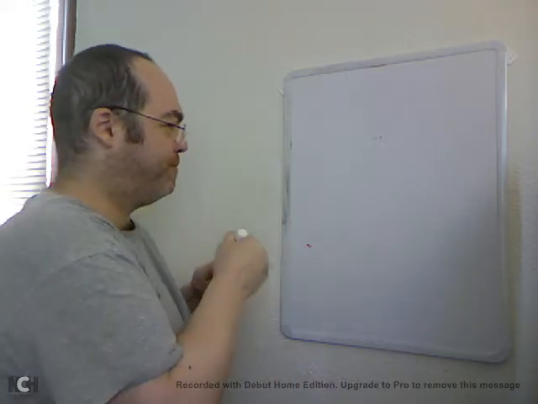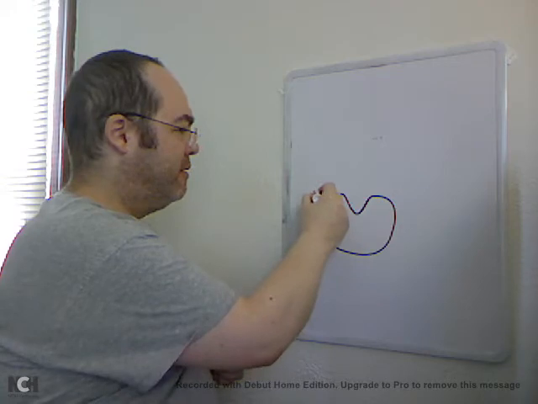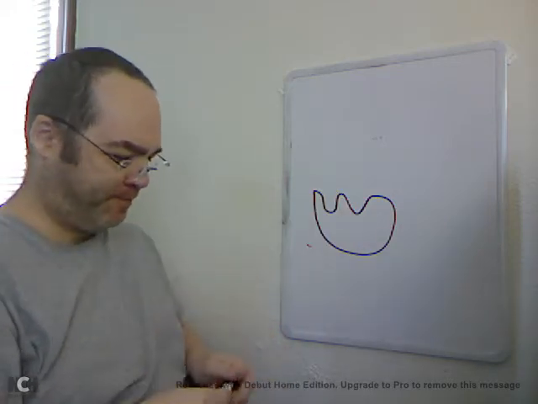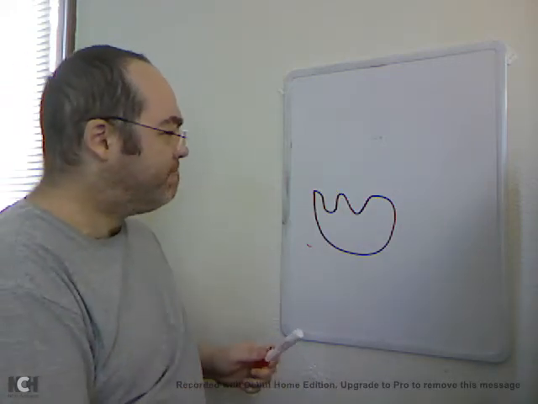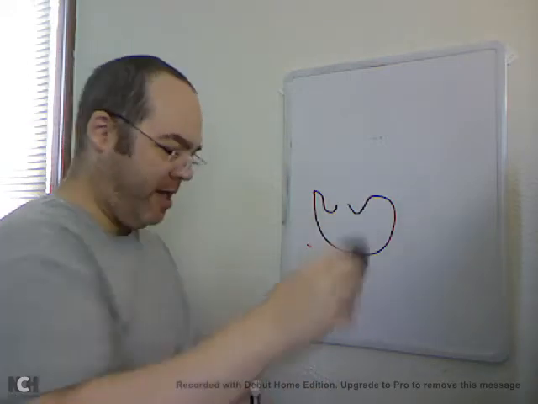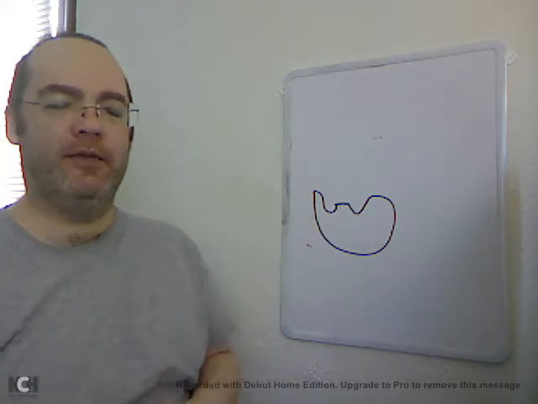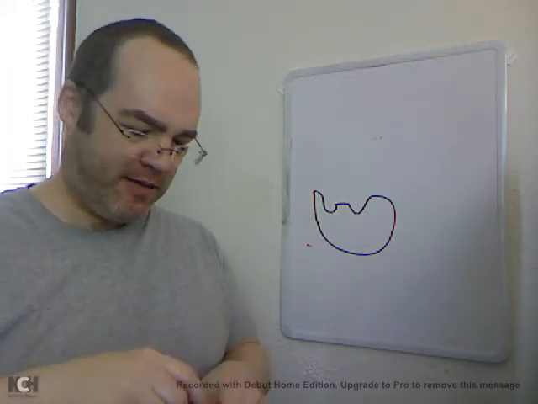So here's our penicillin binding protein. And let's say our penicillin binding protein has undergone an alteration. So its shape has changed a little bit.